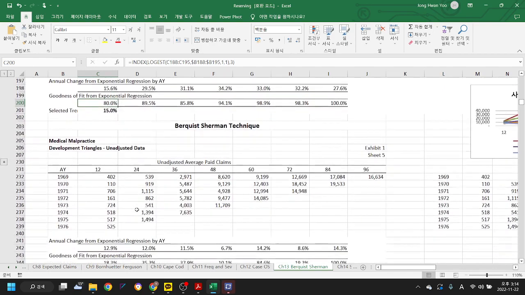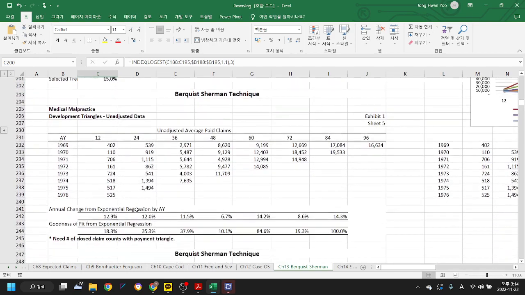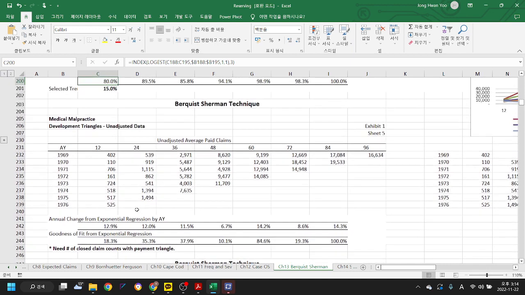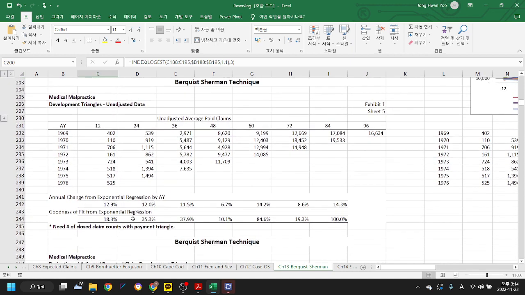And once you have that, they examine the same exponential regression by the average premium. Average premium, how can you get it? Let's say the paid loss triangle divided by the closed claim count.